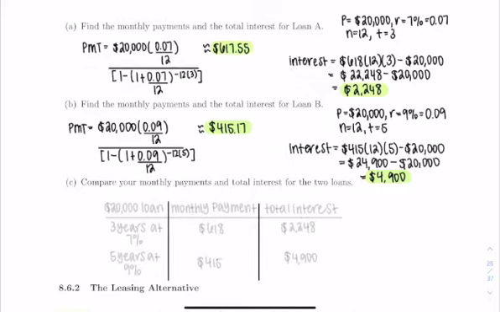So let's compare our monthly payments and total interest for the two loans. I'm just going to set up a pretty basic table here. In either case, we're taking out a $20,000 loan.